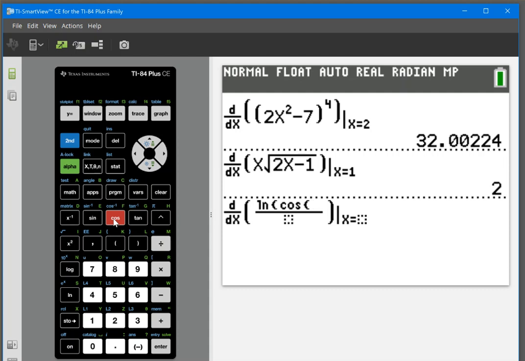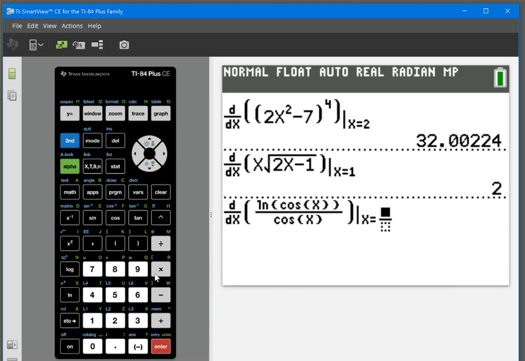I have to make sure that I put in the correct value, right? And since my calculator is in radians, I'm going to use radians. So that's ln of the cosine of x, parentheses, over cosine of x. And I'm going to evaluate this at pi over 4.